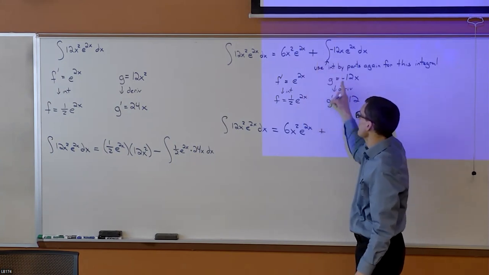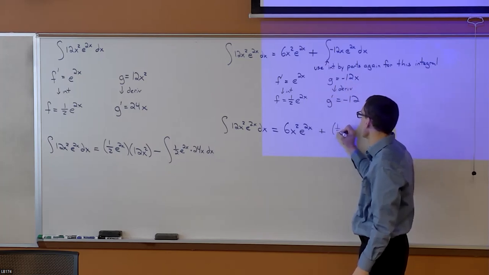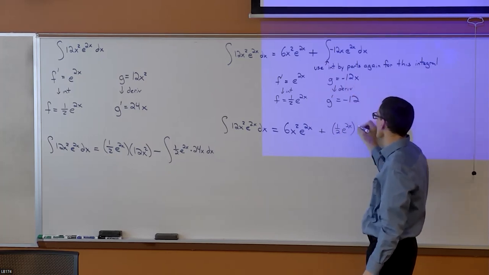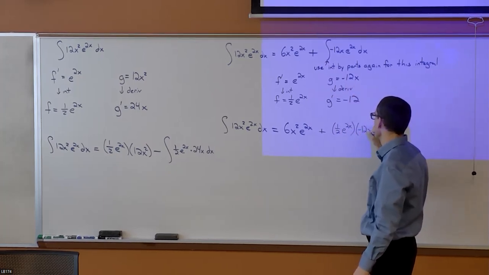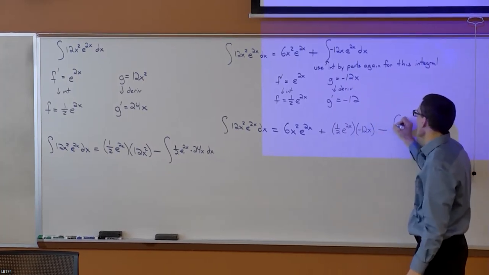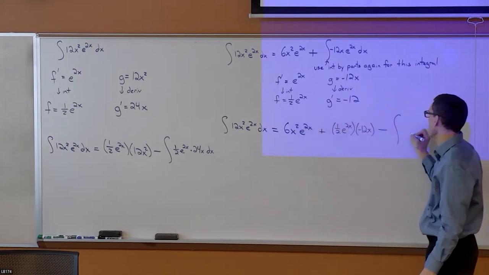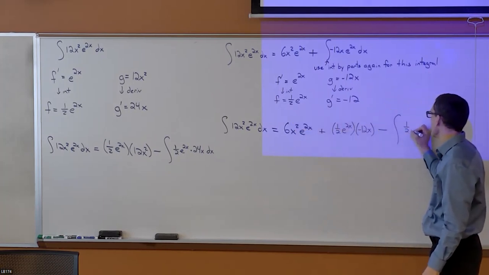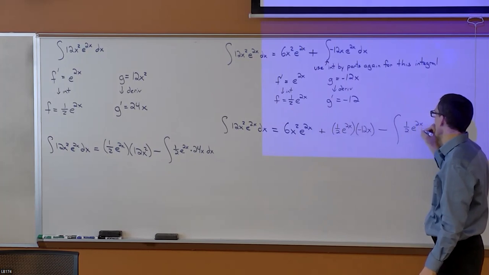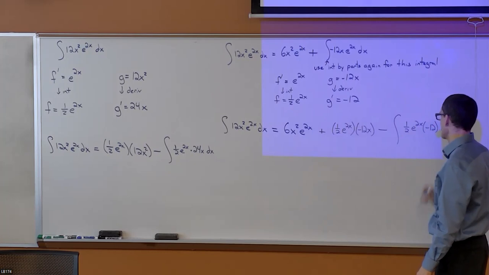Since I have a plus out there, that makes these things a little bit nicer. F is 1/2 e to the 2x. G is -12x. Minus the integral of f times g prime with respect to x.